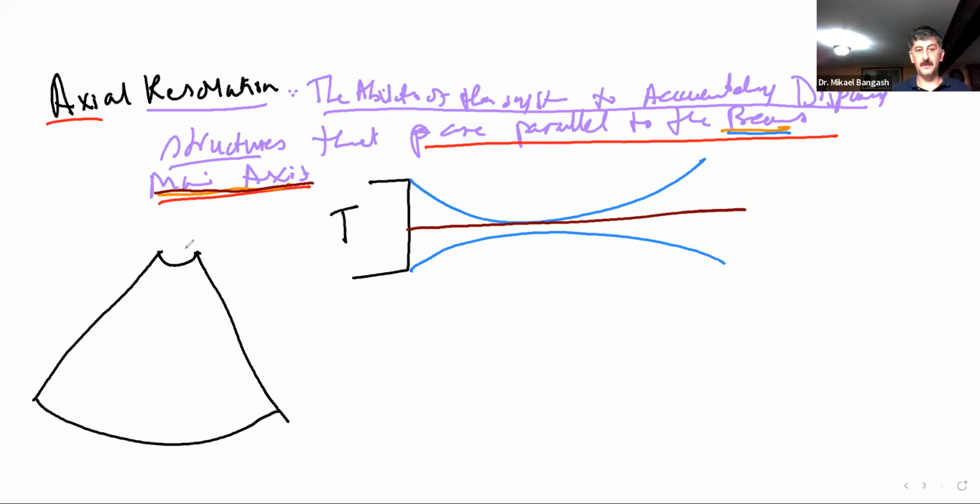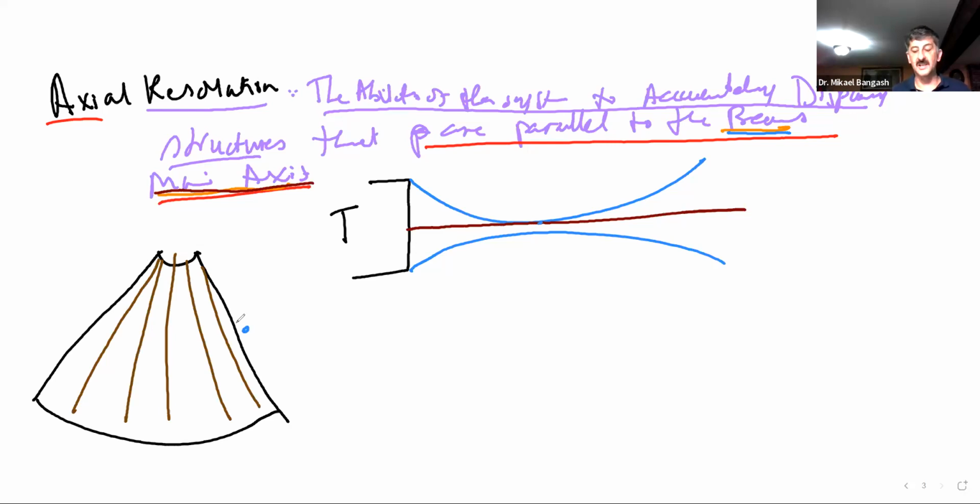So this is how your beam goes. Whereas it may focus at a certain point, we can say that was here. But right now, for your axial resolution, your focus is really not that important.